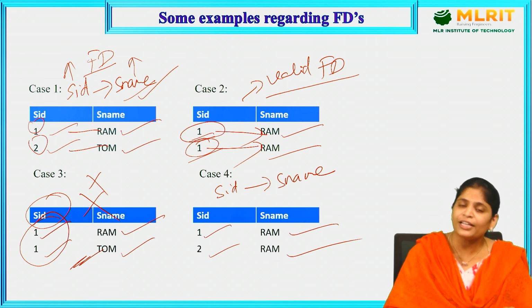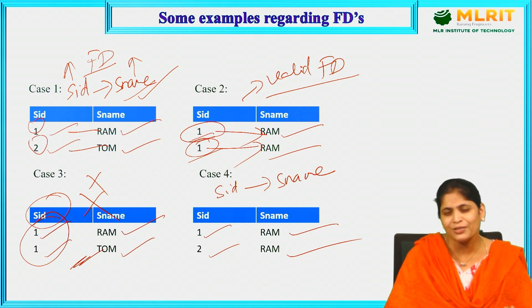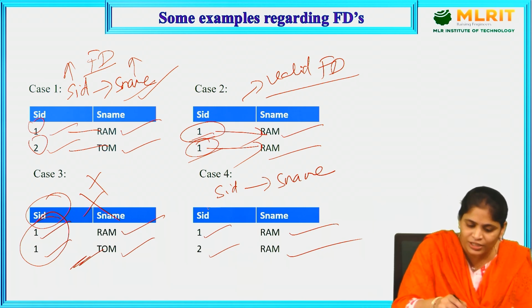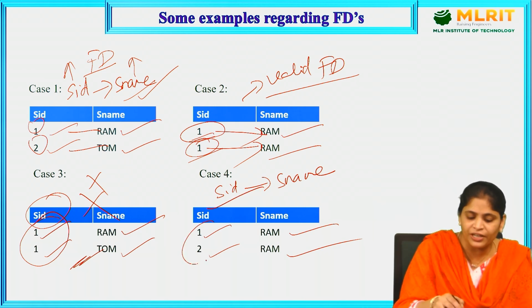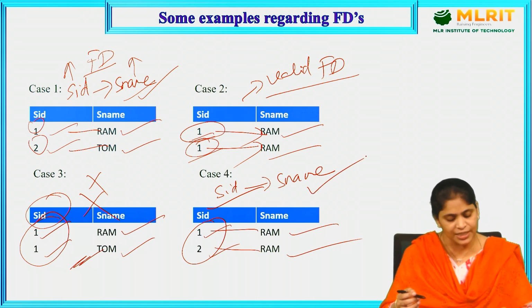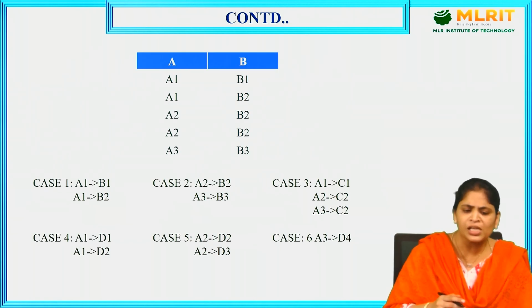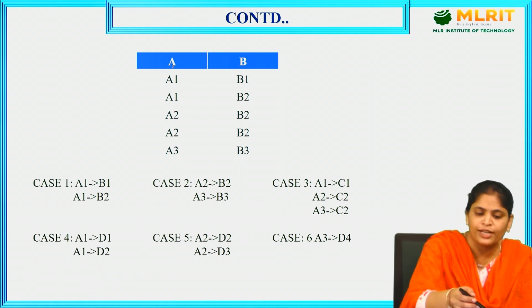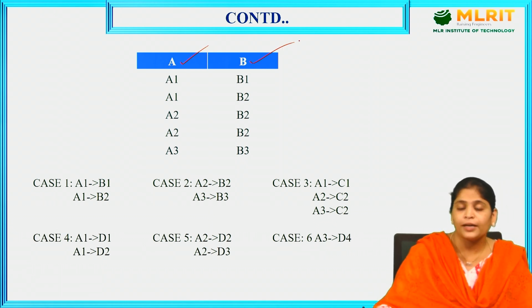To identify them uniquely we can only use their IDs, PAN, Aadhaar or roll numbers. So with different IDs and the same names, this is also a valid FD. Let us see some more examples. Here I consider two columns, A and B.